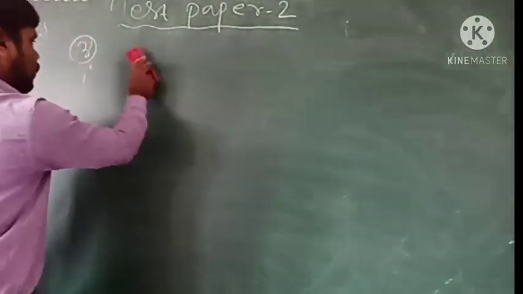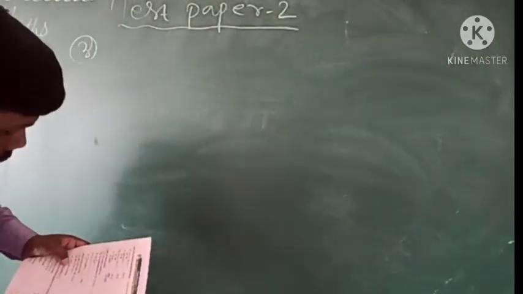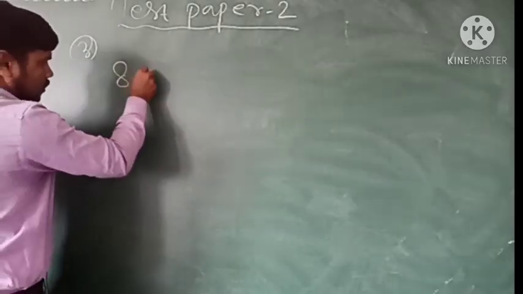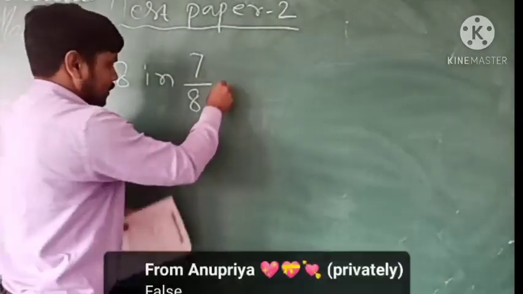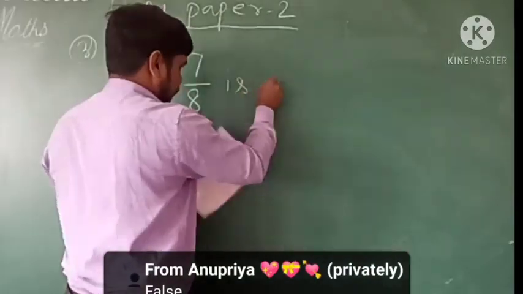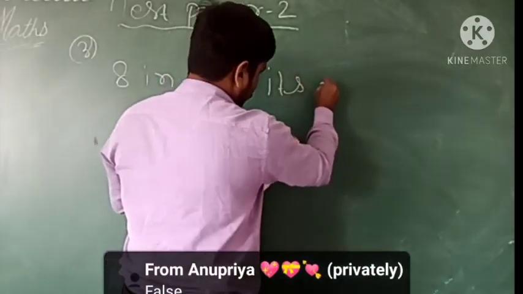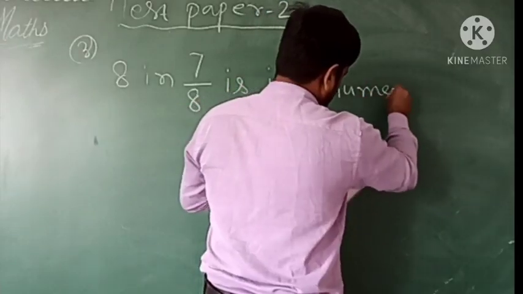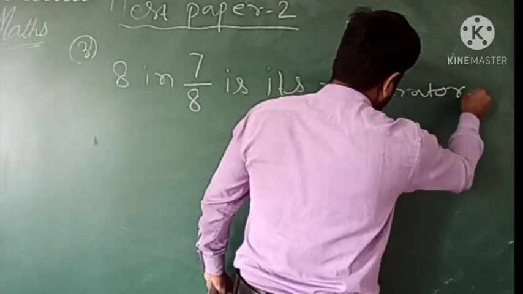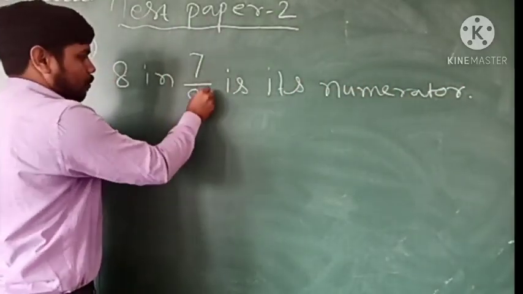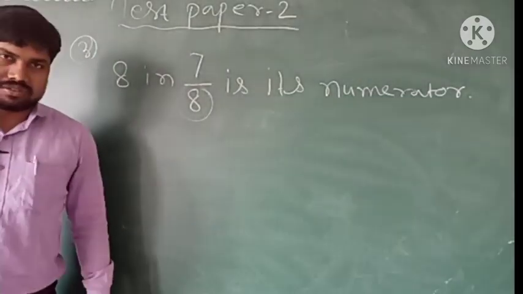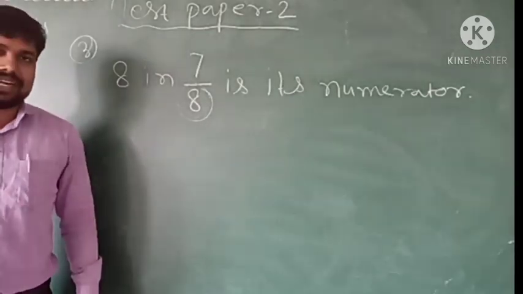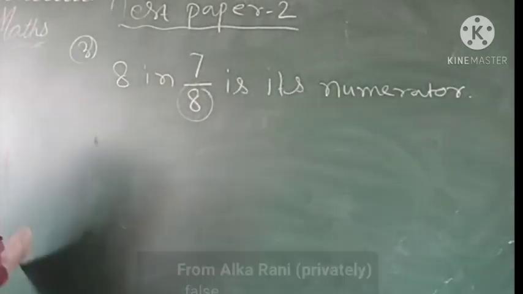So here we have 8 in 7 by 8 is its numerator. It is asking that 8 is in numerator. Quickly tell me, everyone, is it true or false? Is 8 in numerator or is it in denominator? So quickly tell me in message, everyone.